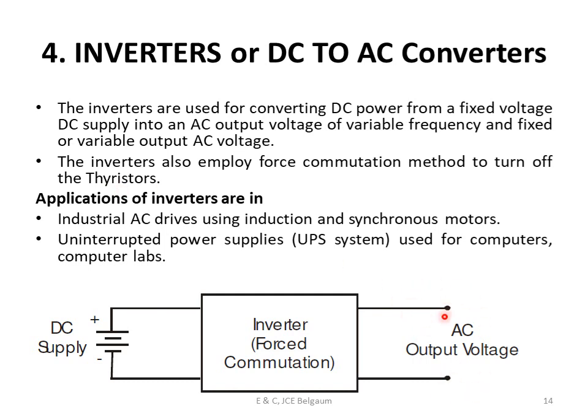The inverters also employ the forced commutation method to turn off the thyristors. We'll see that later. Applications of inverters are in industrial DC drives using induction and synchronous motors, and uninterrupted power supplies, UPS systems used for computers or computer labs.